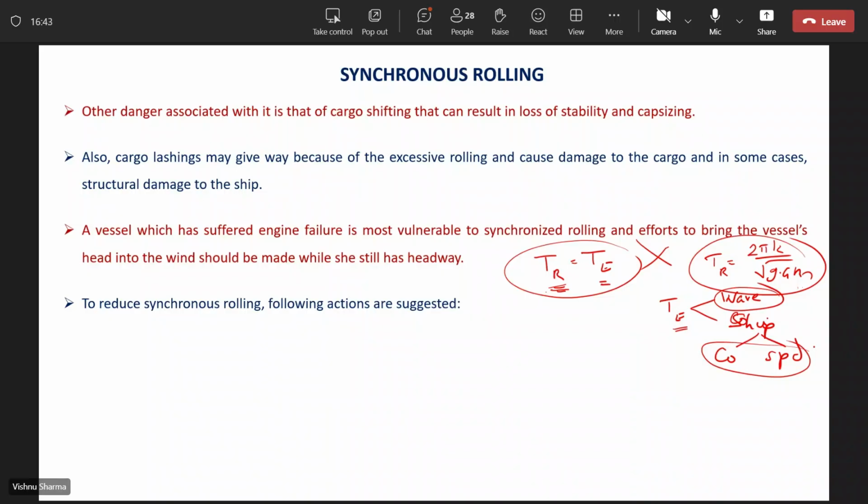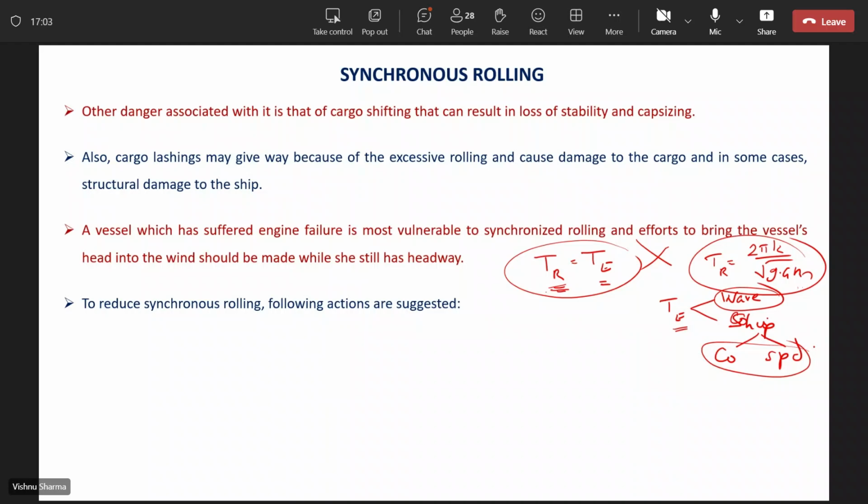So normally on the ships, you would probably fall back upon changing the course and or speed because that happens instantaneously. But technically, you can change TR or TE. I agree with you that changing TE will be the most convenient option.